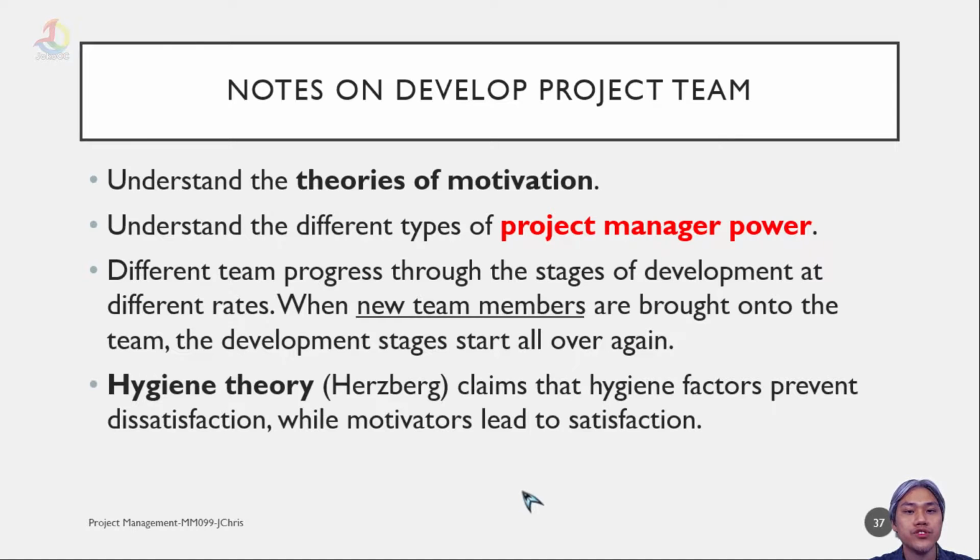Different team members go through the stages of development at different rates, and when a new team member is brought into the team, development stages can start all over again. This is one of the problems if we introduce a new team member to a project not from the start, but in the middle. And Herzberg has a hygiene theory that claims hygiene factors prevent dissatisfaction, while motivators lead to satisfaction.